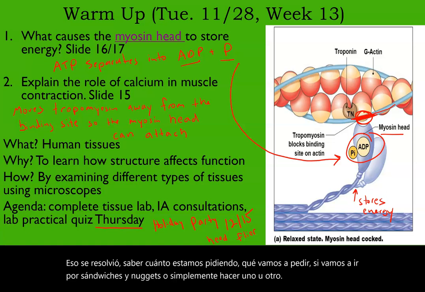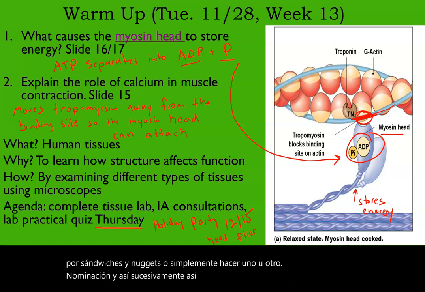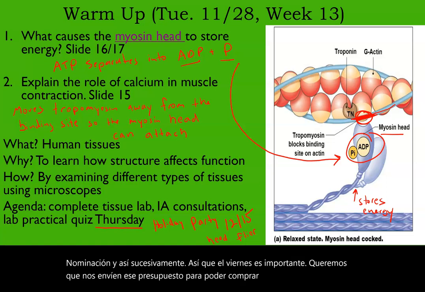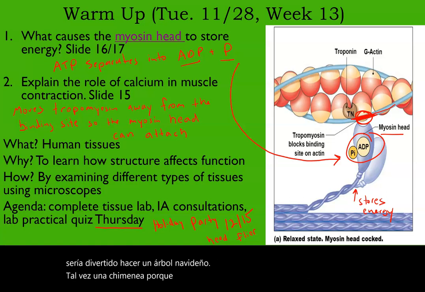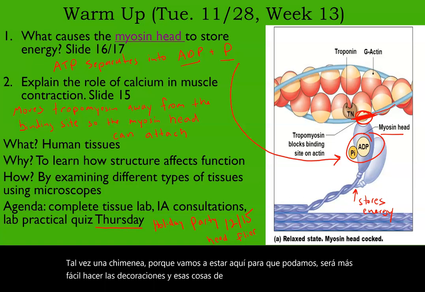So Friday is important. We want to get that budget submitted so we can buy stuff for that. It would also be fun to make a holiday tree. Okay, maybe a fireplace. Because we'll be in here, so it'll be easier to do the decorations and stuff that way too. Okay. So that's on board.